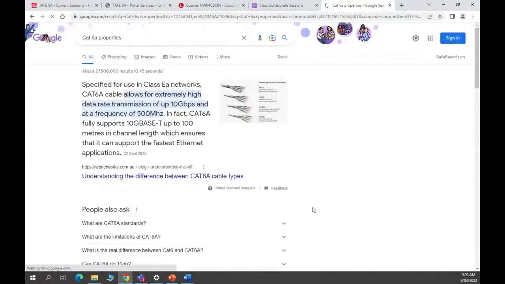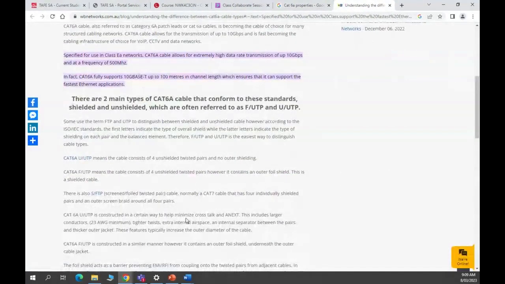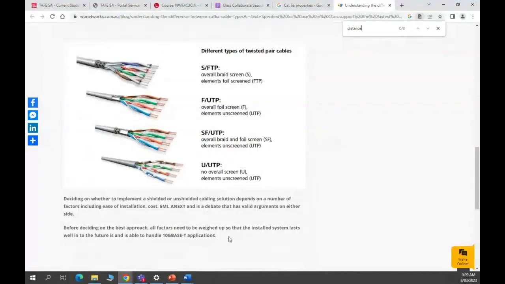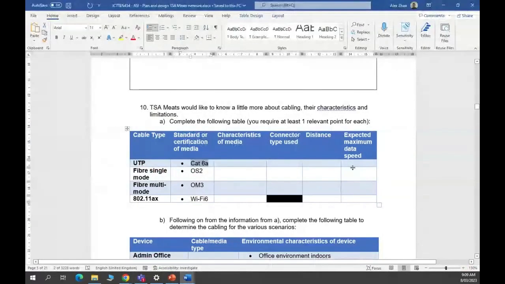If I look at this, it allows for extreme high data transmission rate up to 10 gigabits per second. Let's have a quick look at what comes out. It doesn't have the maximum distance here, but we got one bit of the question out, haven't we?